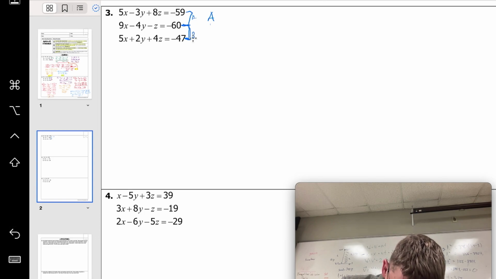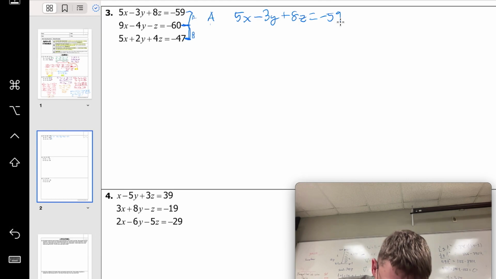So let's start off with our A. We are going to have 5x minus 3y plus 8z equals negative 59. And then we're going to bring the second equation over, equals negative 60.